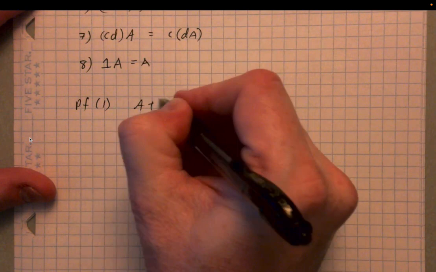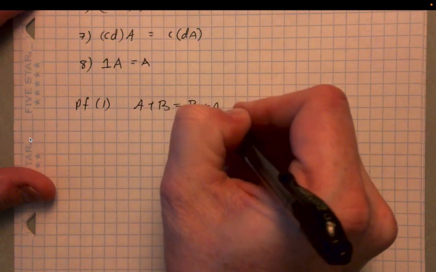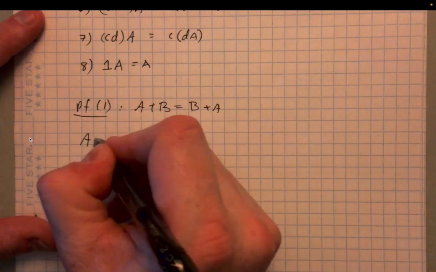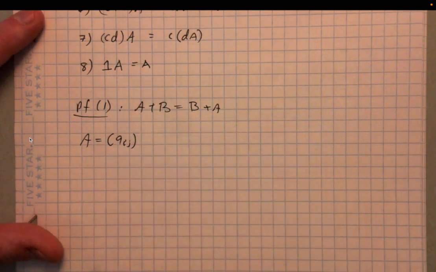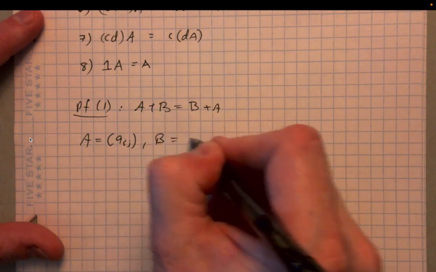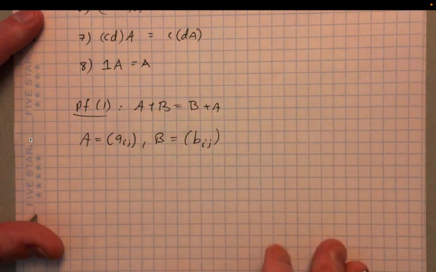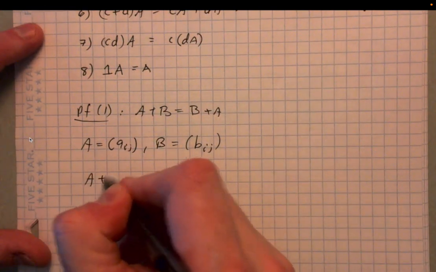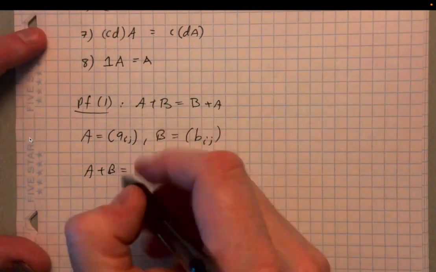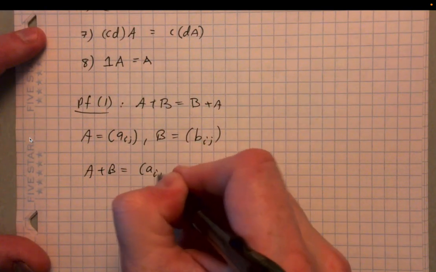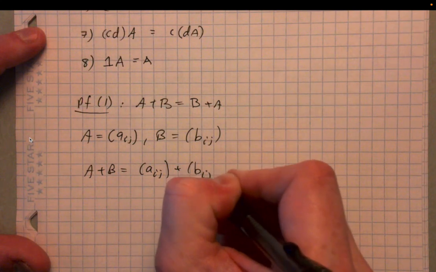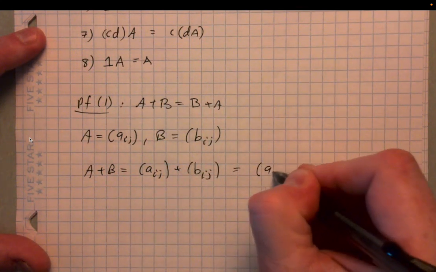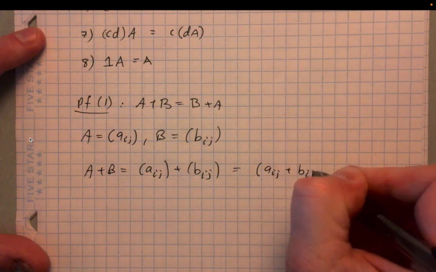Okay, let's prove that A plus B equals B plus A. So we'll let A equal [aij], and we'll let B equal [bij]. Then what can we do here? Well, we can say A plus B is equal to [aij] plus [bij], and by definition, that just means [aij plus bij]. Simple.